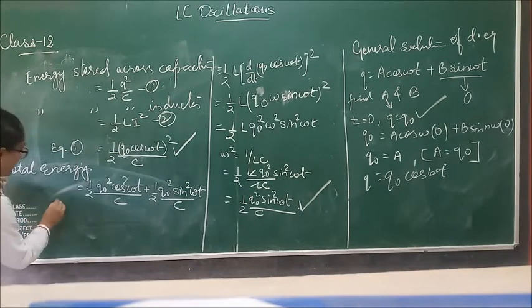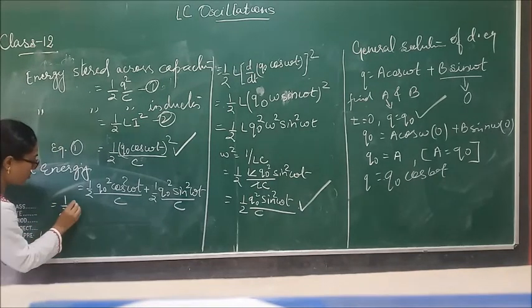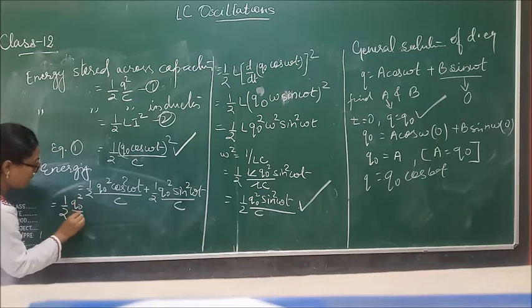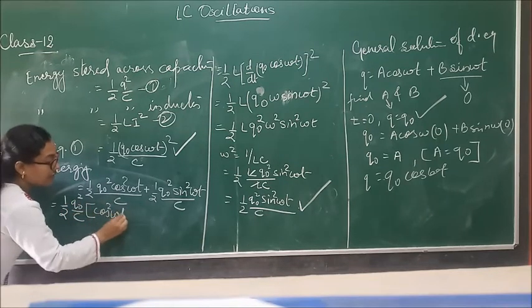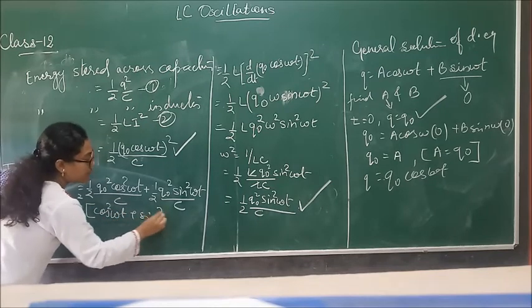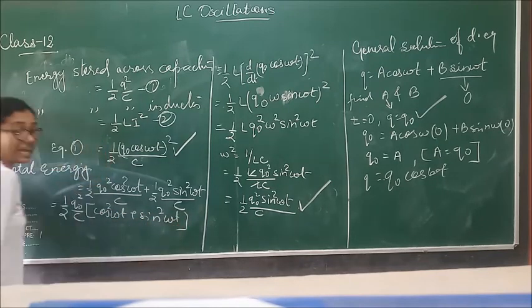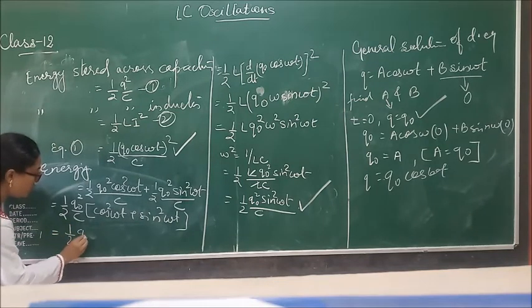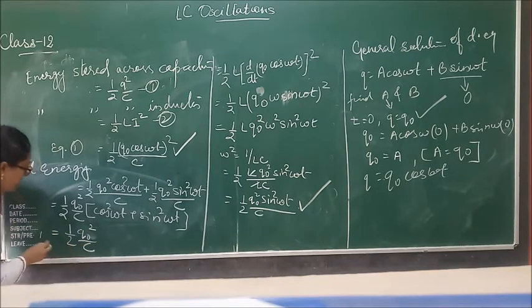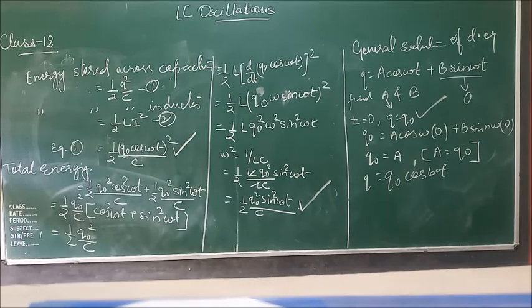I'll take this value out, 1 upon 2 q naught square by c, and this cos square theta plus sin square theta is, take it as 1, and your total energy is 1 upon 2 q naught square by c. This is your total energy.